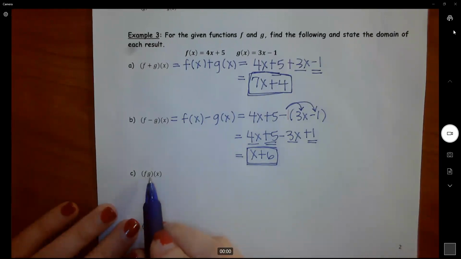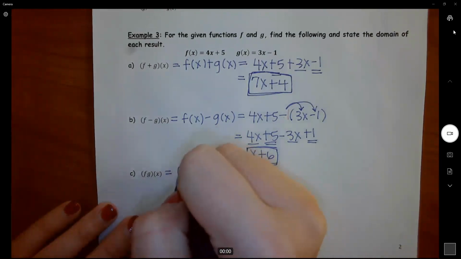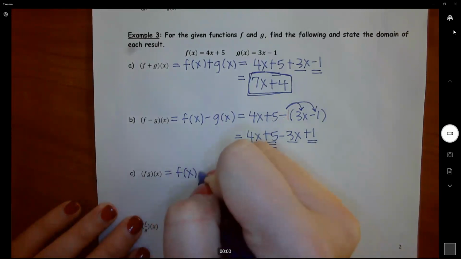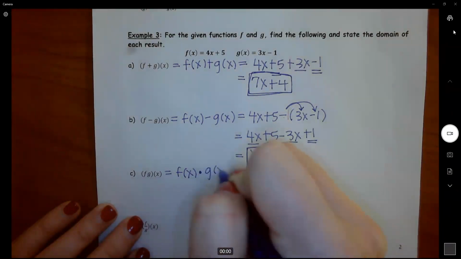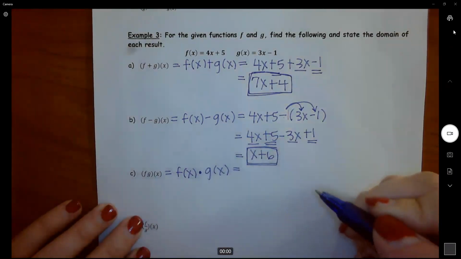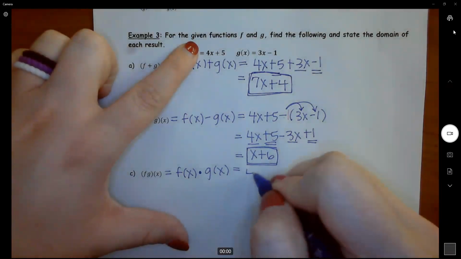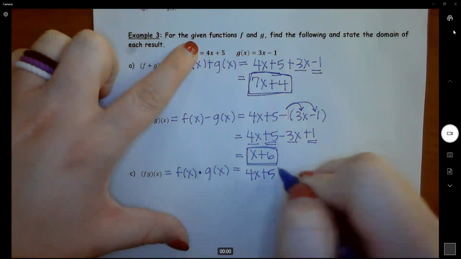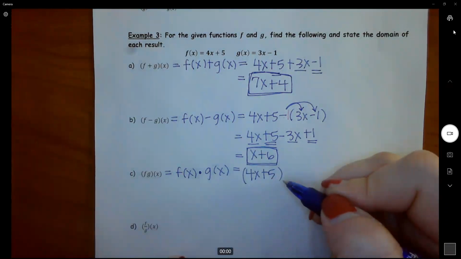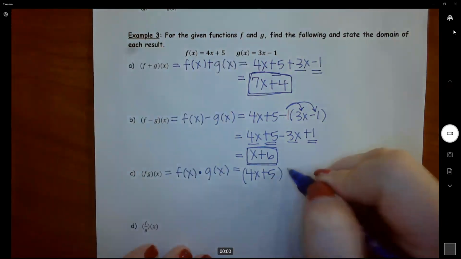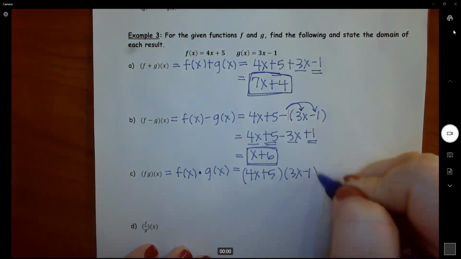F times g of x is the same as f of x times g of x. F of x is 4x plus 5. And g of x is 3x minus 1.